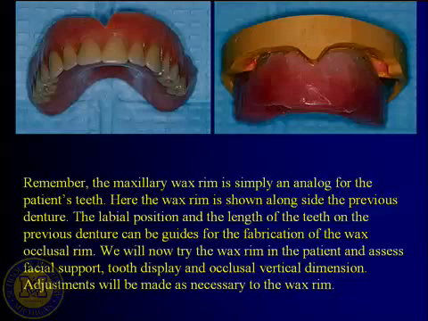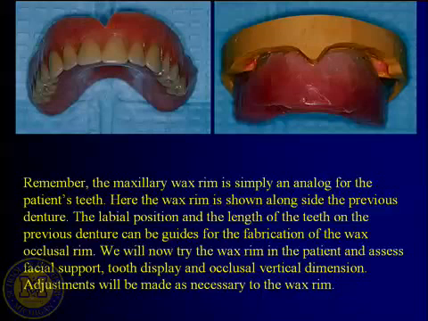On your new master cast, you make a record base, and on the record base, you make a wax occlusal rim. And you may have some numbers floating around in your head for one of the practicals that you had to do last year for your denture course. Was one of your practicals that you had to make a record base and a wax occlusal rim?